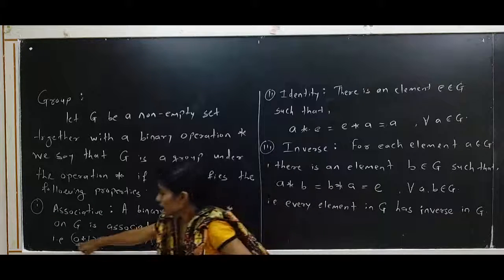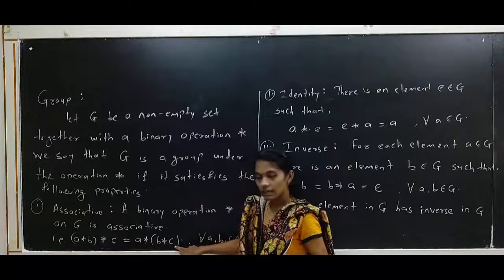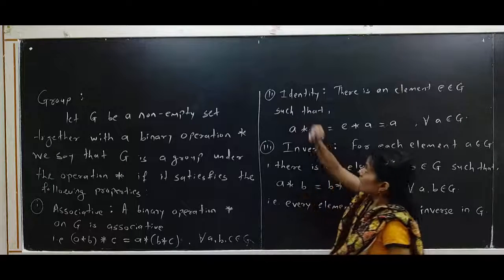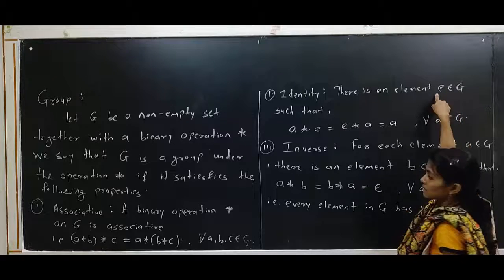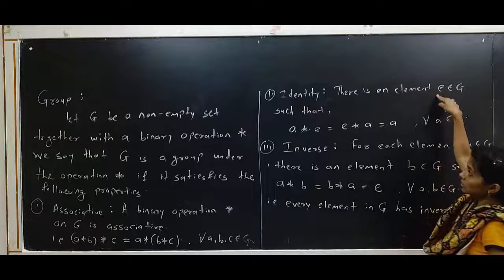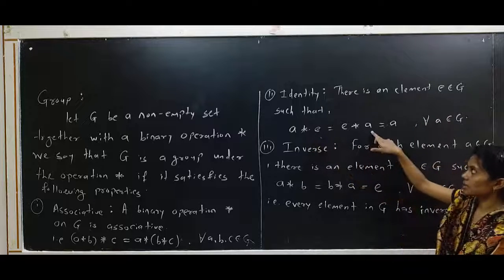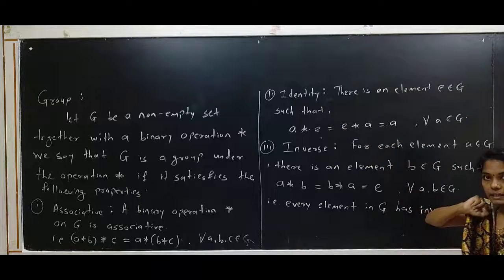Associativity means (a star b) star c is equal to a star (b star c) for all a, b, c belonging to the set G. Identity: in group G there exists an element e such that a star e is equal to e star a is equal to a. So e is called the identity.